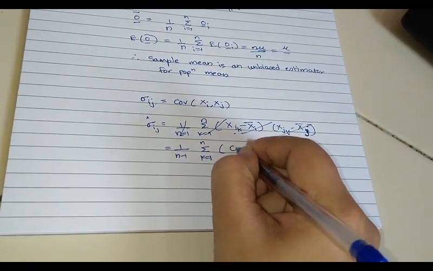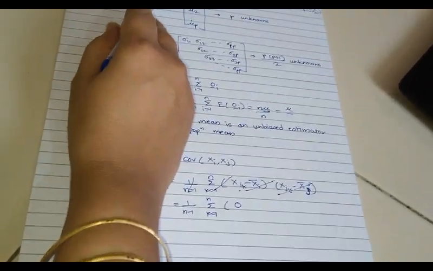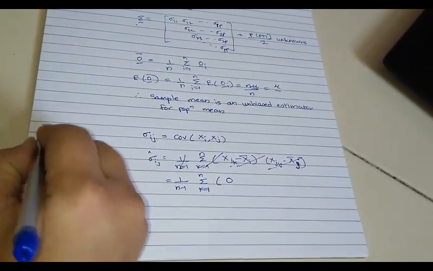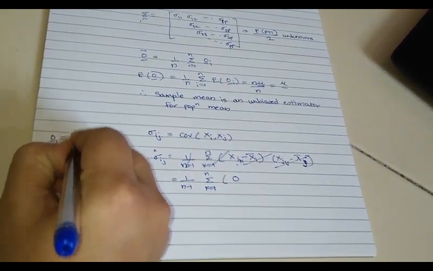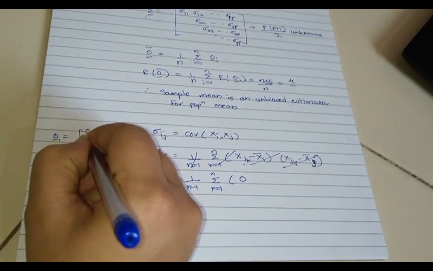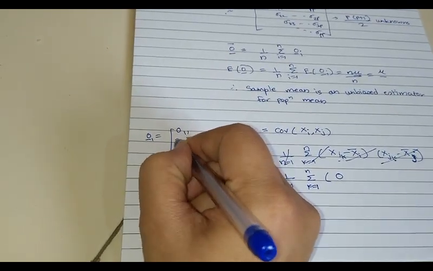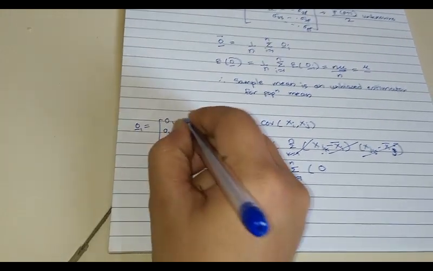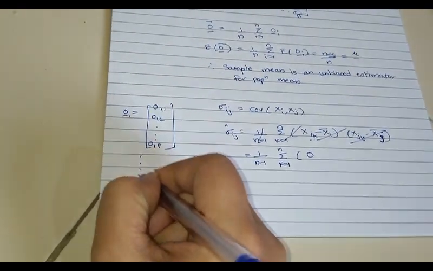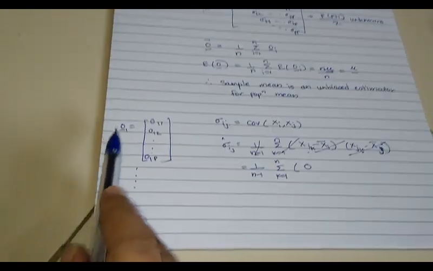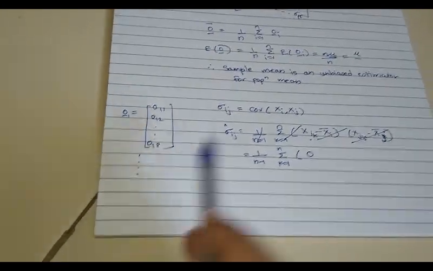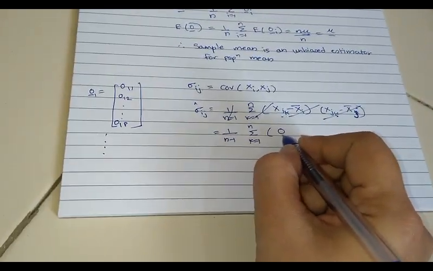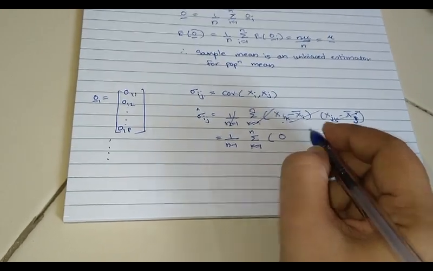So if I have O1, O2, On, where my O1 is written as O11, O12 up to O1p, that is my first observation, then here I want jth component of that.